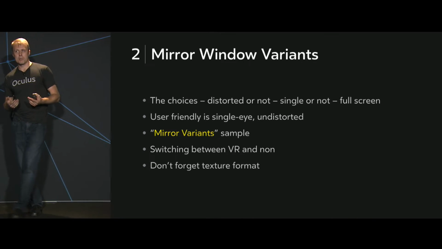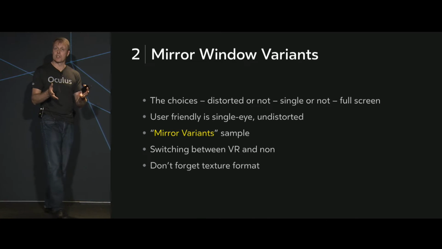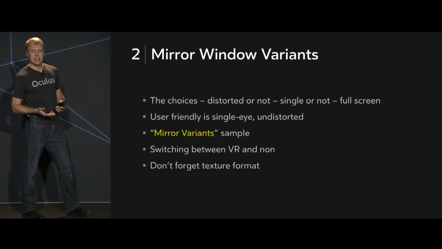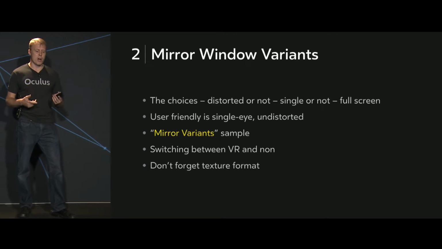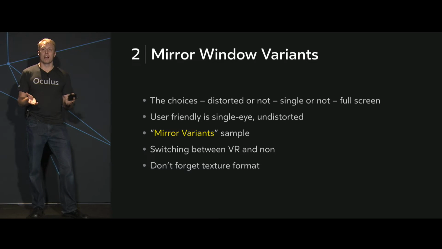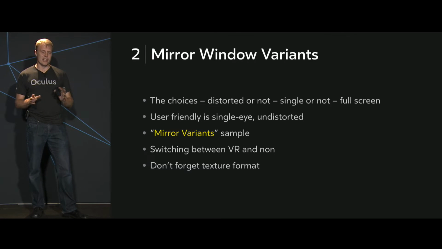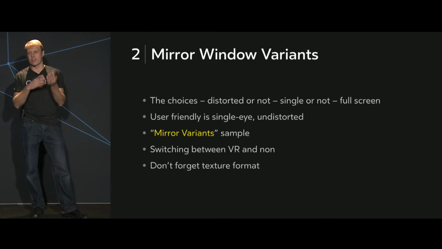In fact, it's much more user-friendly to have just a single eye and perhaps undistorted, and we'd recommend that. But this sample in particular is a way of showing you how to work with the SDK to put what you like on the mirror window, and perhaps even a window into switching between VR and non-VR.